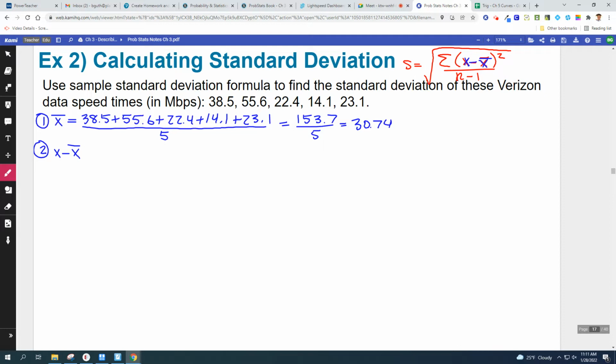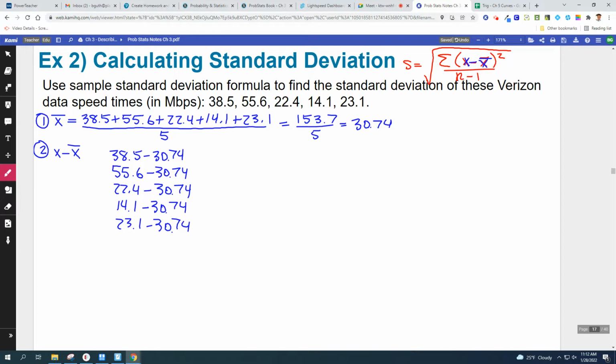So we subtract the mean from each data value: 38.5 minus 30.74, 55.6 minus 30.74, 22.4 minus 30.74, 14.1 minus 30.74, 23.1 minus 30.74.